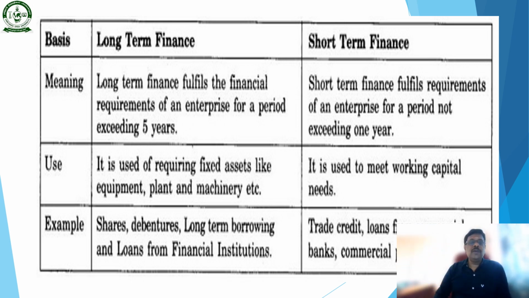It is used for fixed assets like equipment, plant, and machinery. If the company needs many equipments or plants whose value is very high, the company can acquire long-term finance and acquire these assets, by which the company will make profits. It takes too much time to repay the finance.